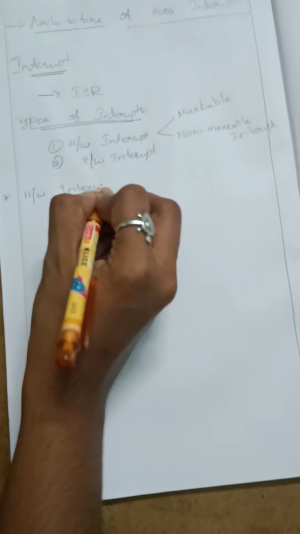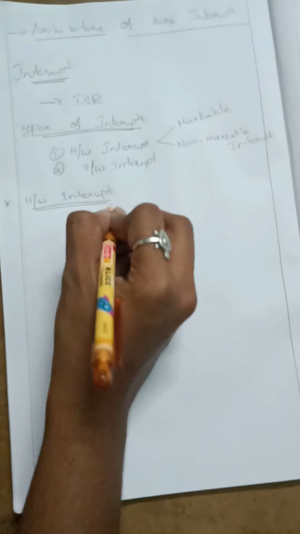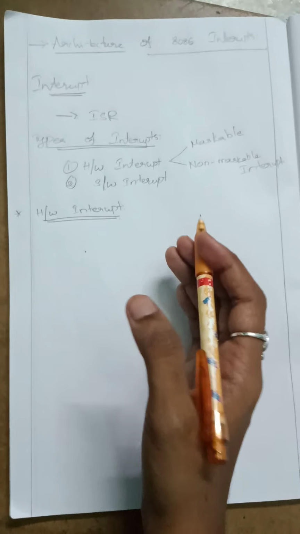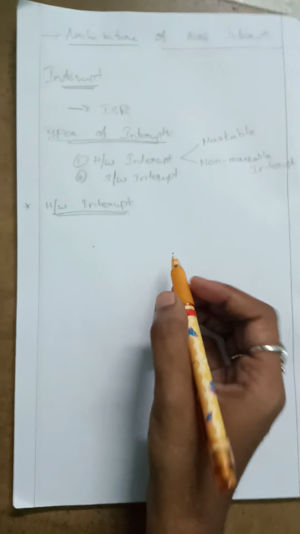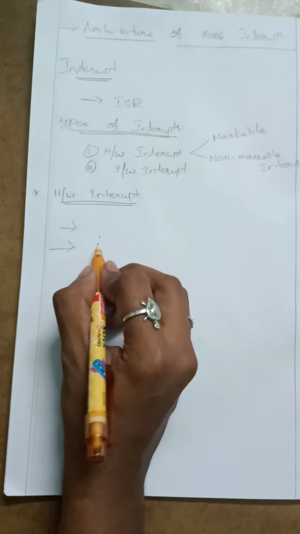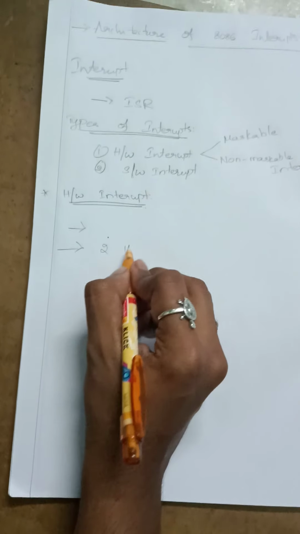First we'll discuss hardware interrupt. It is caused by any peripheral device by sending a signal through a specified pin to the microprocessor. And the 8086 has two hardware interrupt pins.